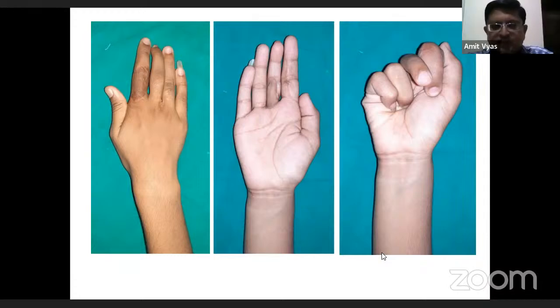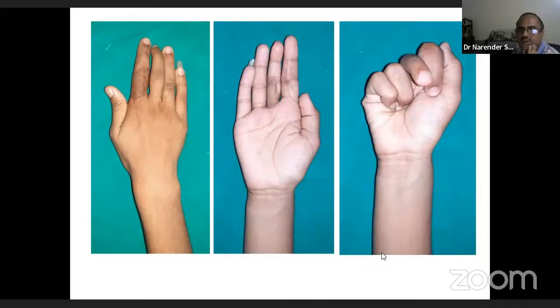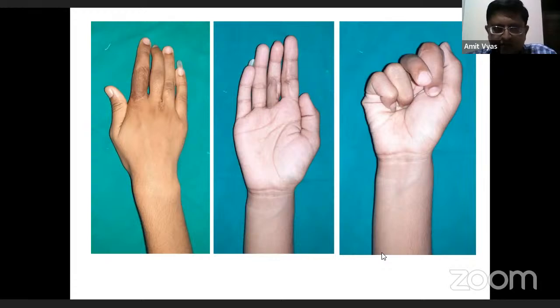So these are the difficulties, and it may require 2 stages. Is there any flexion contracture in the DIP? It's there, but it is basically a correctable deformity.